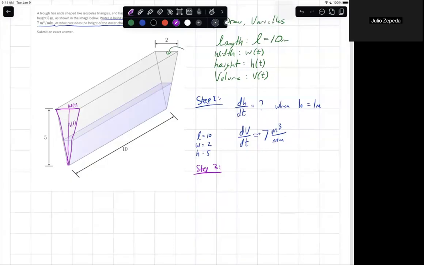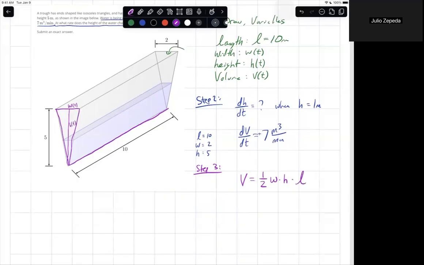Then we have to multiply by the length of the trough to find the volume. So our volume equation, V, is going to be equal to the area of the base, 1/2 W times H, and I'm going to knock off the of t to make our lives a little bit easier, times the length.